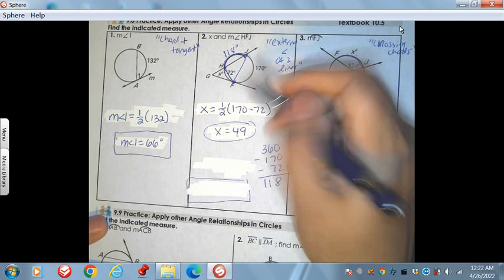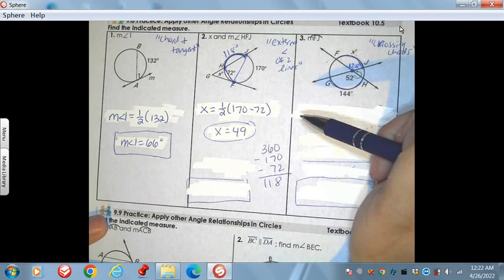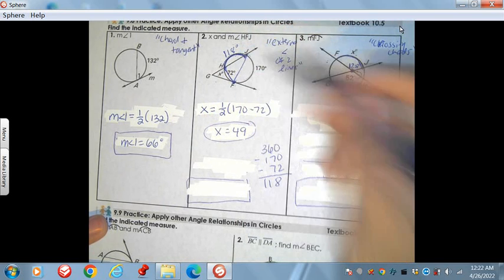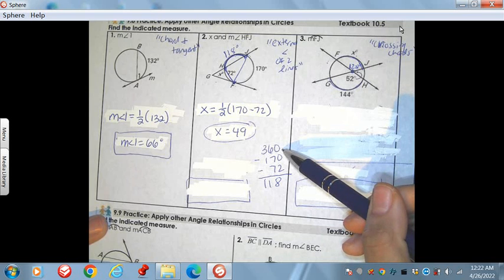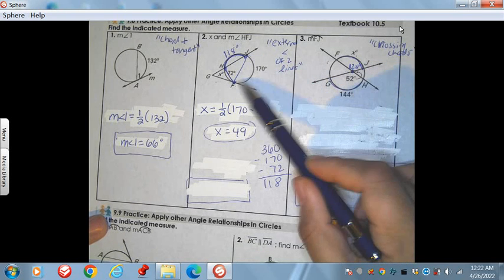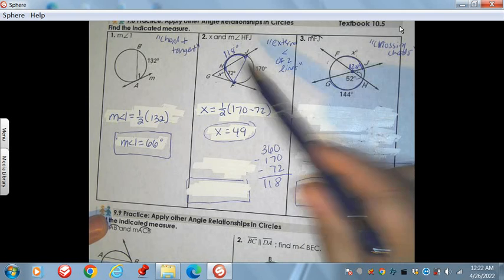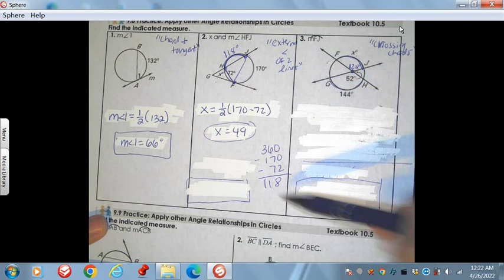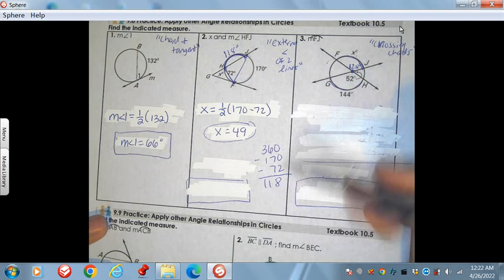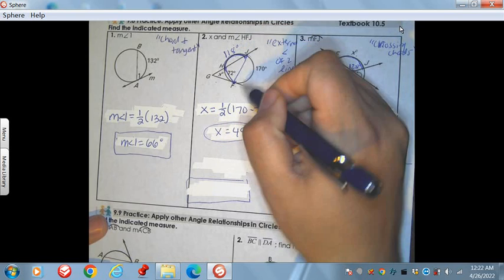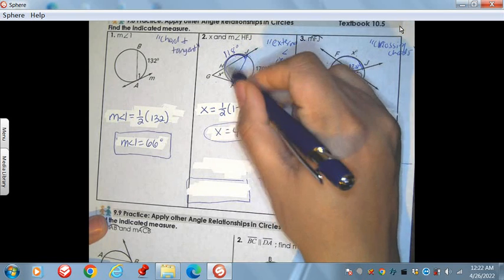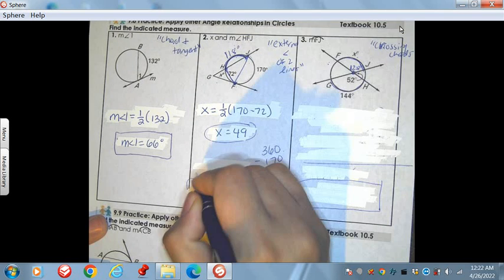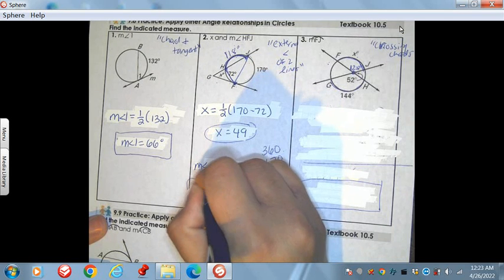So if I know that's 118, this is an inscribed angle opening up to the 118 degrees. So the measure of angle HFJ is 1/2 of arc HJ, which we know is 118 degrees. And when you multiply 118 by 1/2, or just divide it by 2, you get that HFJ is 59 degrees.